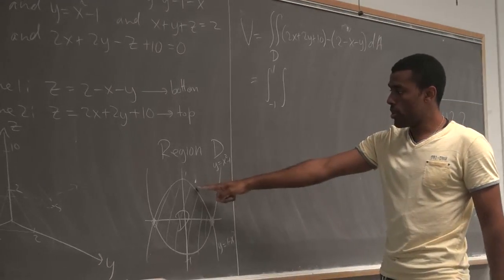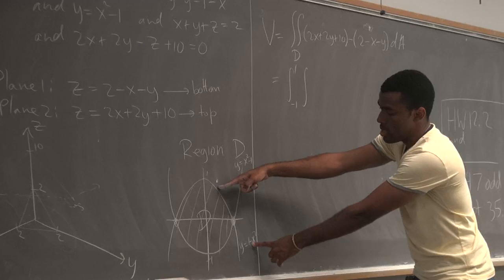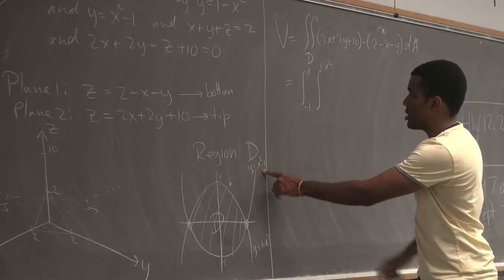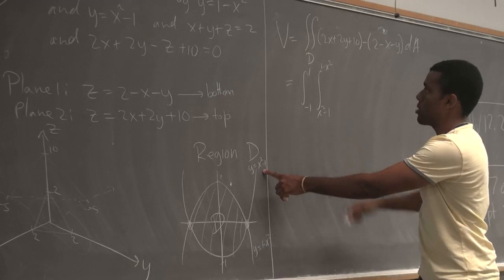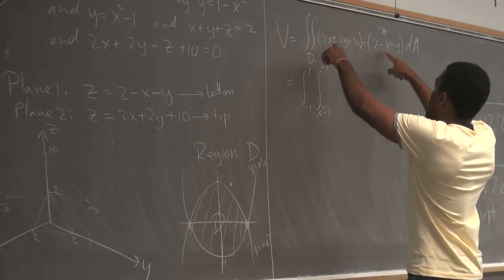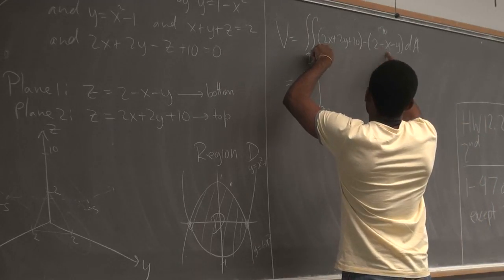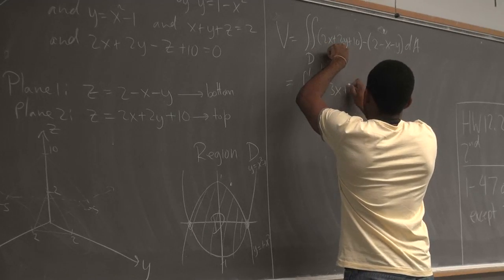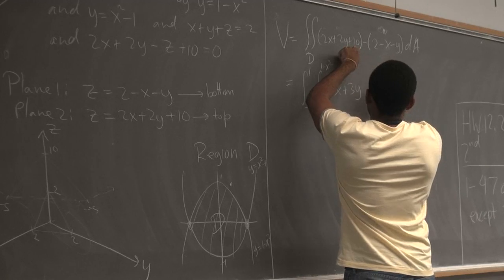Right, so your top function here is the 1 minus x squared. Your bottom function is the x squared minus 1. And then here you'd have 2x plus x, 2y plus y, 10 minus 2.